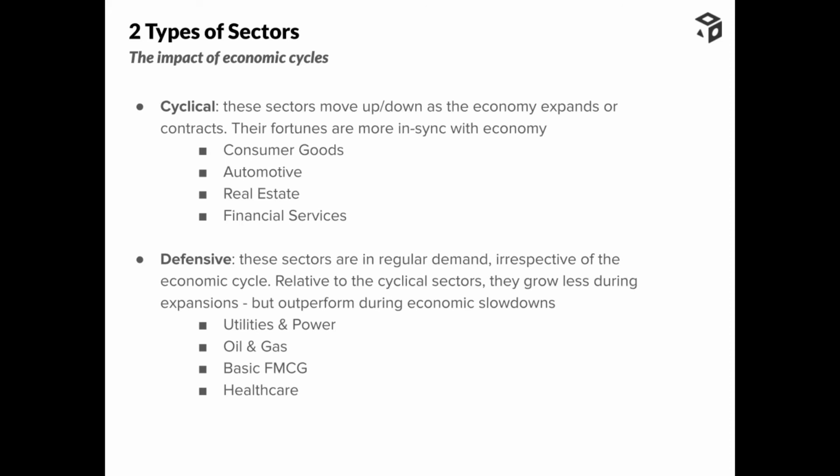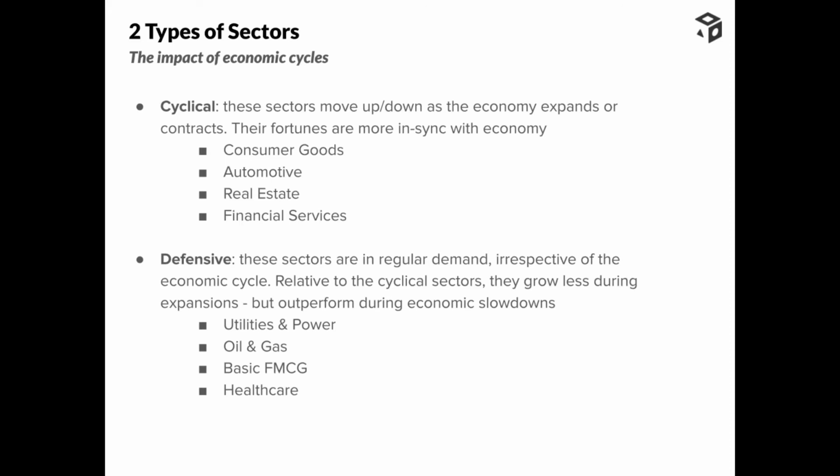One thing to keep in mind is that compared to the cyclical sectors, the defensive sectors perform differently. When the economy is booming and everything is going better than expected, the cyclical sectors seem to do better because they witness more growth, because a lot more spending is happening there. But the defensive sectors tend to outperform the cyclical sectors when the economy is slowing down.